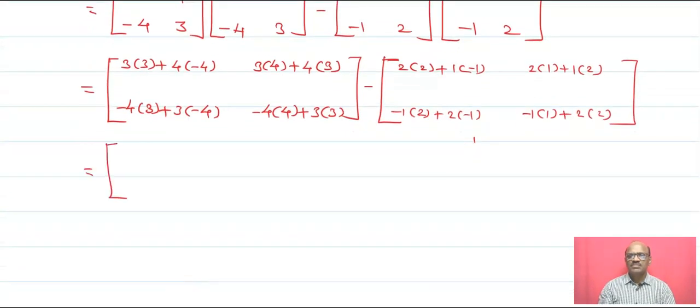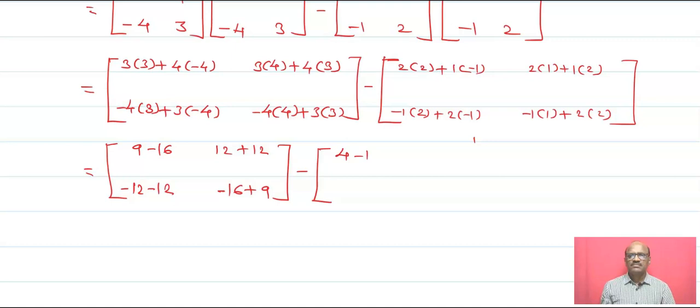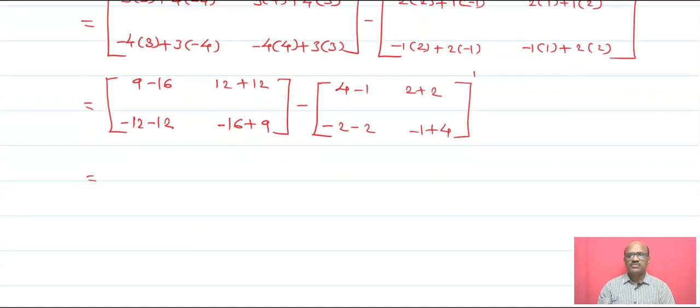Now see this multiplication, that is 9 minus 16, 12 plus 12, minus 12, minus 12, minus 16 plus 9. Now next their respective addition, that is 4 minus 1, 2 plus 2, minus 2 minus 2, minus 1 plus 4.